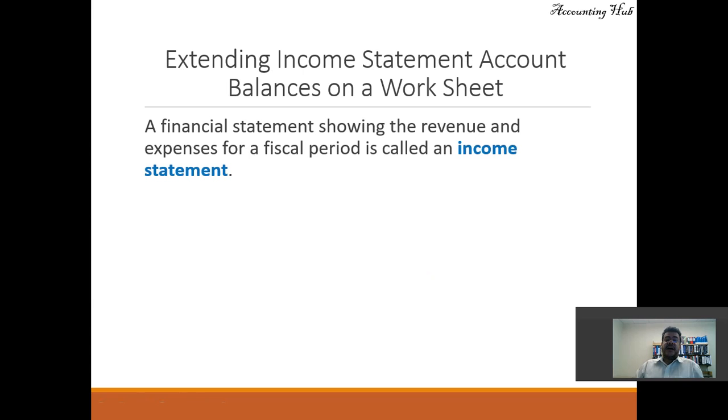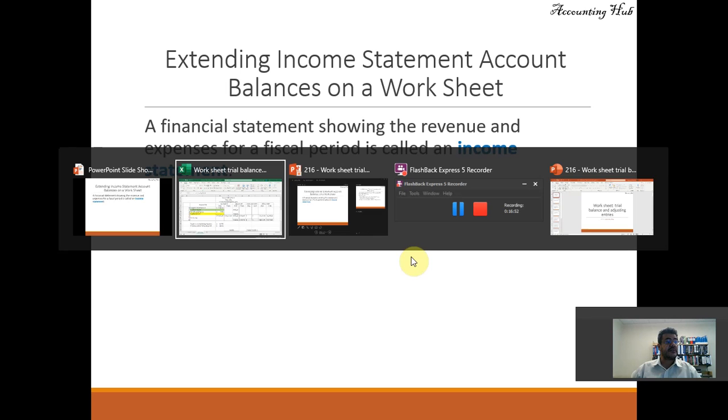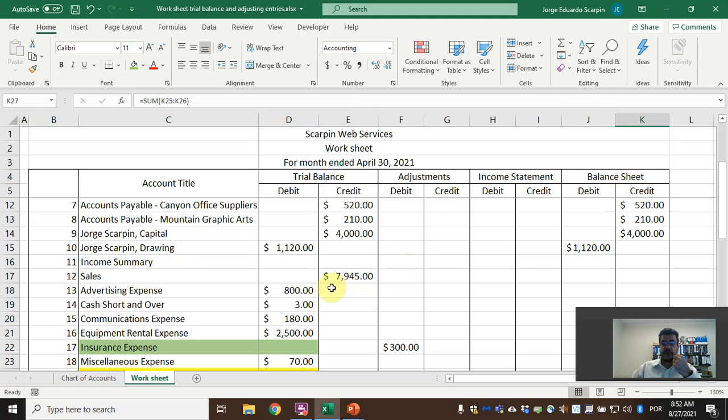Extending income statement account balance on a worksheet. So, now we are doing the same, but with the income statement accounts, revenue and expenses. So, let's do it. We have some adjustments here.